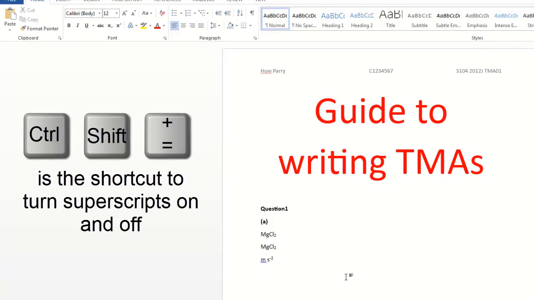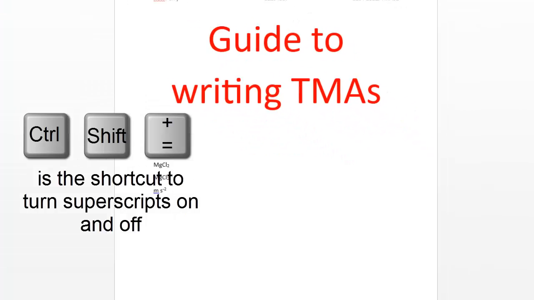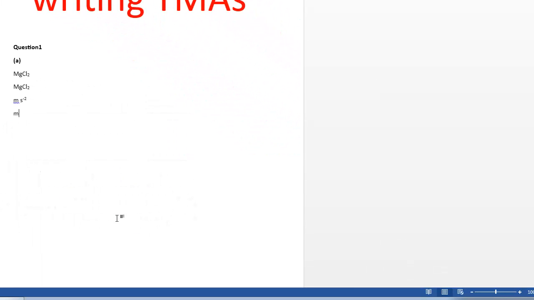Alternatively, I can just use the keyboard shortcut, which is given when you hover over here. It's something that you'll probably remember quite quickly, and it's Control Shift plus equals. So if I do m s, Control Shift plus equals, -2, you can see it's raised as a superscript.